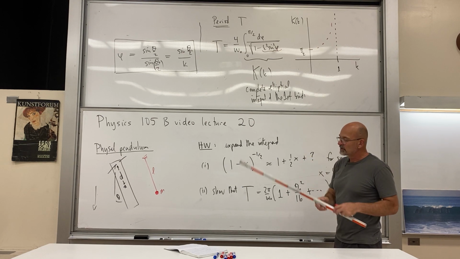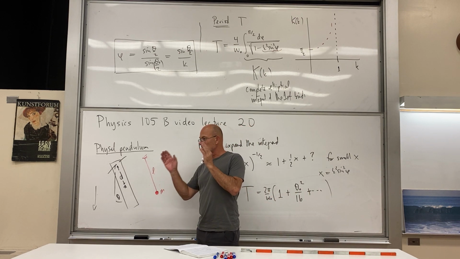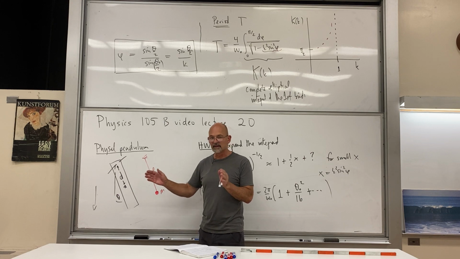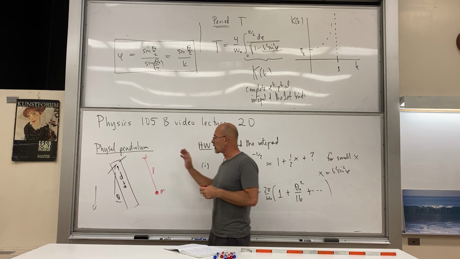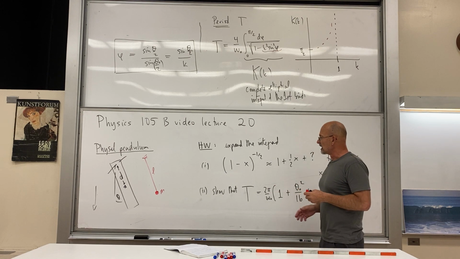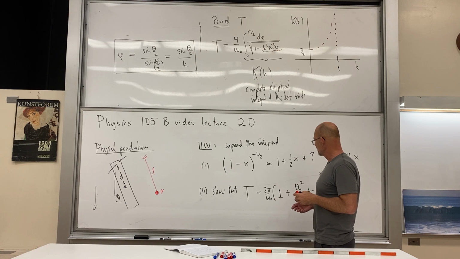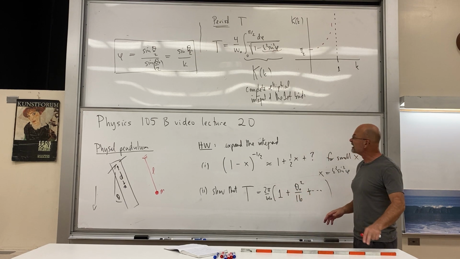The small amplitude approximation turned the sine of theta into theta in the differential equation, or it turned the cosine of theta into 1 minus theta squared over 2. And here we have a general result.